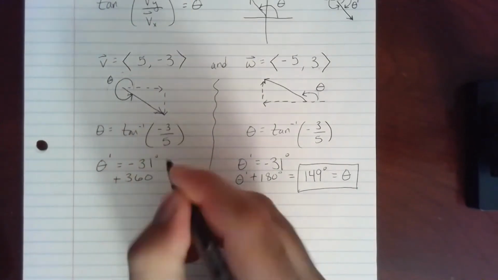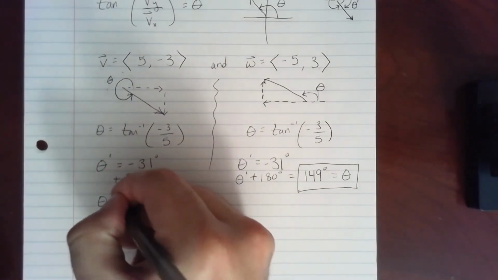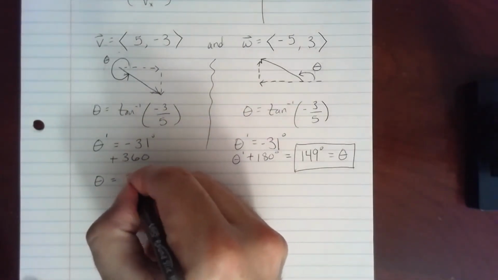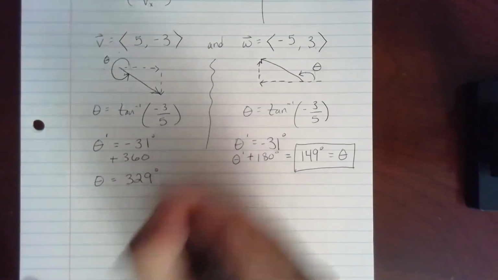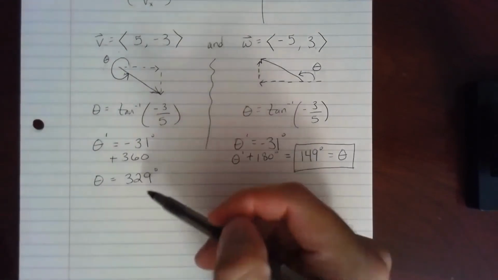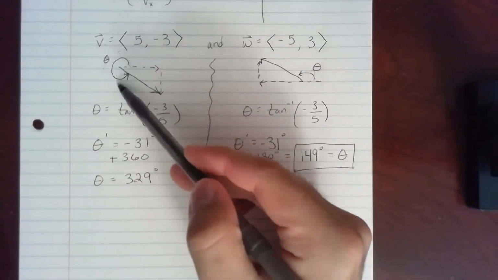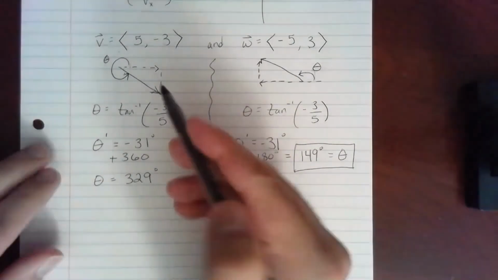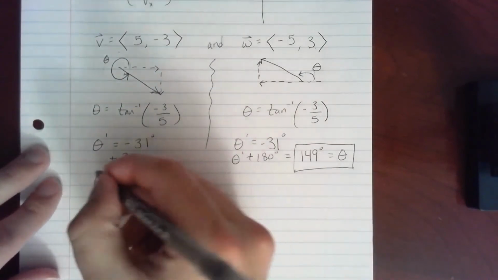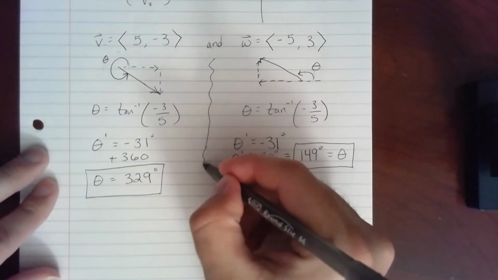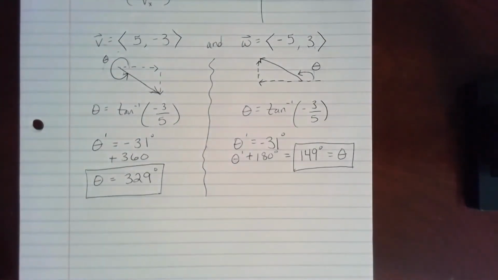Let's add 360 to this, and we're going to find that theta is actually going to be equal to 329 degrees. Now when I look at this, I go, okay, 329 degrees, that's somewhere between 270 and 360, but it still gets the same general setup, the same result of the 5 and the -3 here. And so here we go. We found our thetas for both of these examples here.